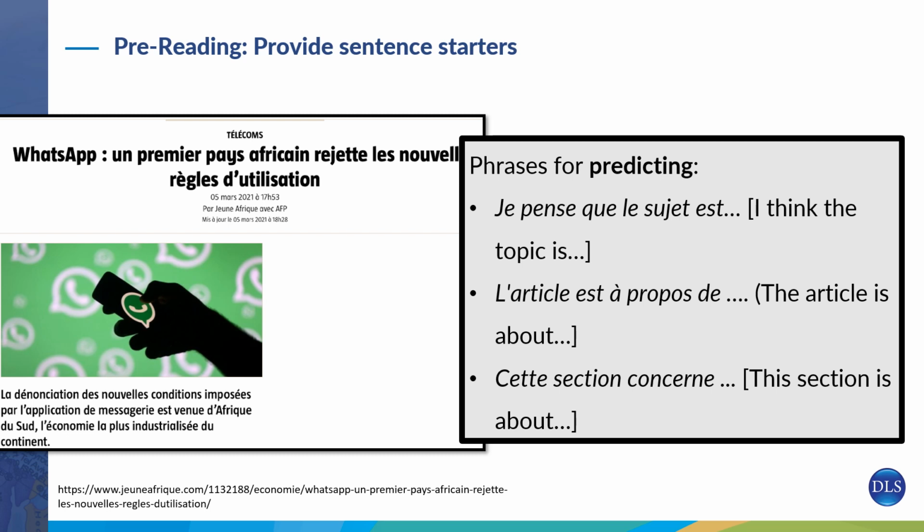And this is a great tool if you want your student to do the pre-reading in the target language. So sometimes giving them a set of questions in the target language and then some sentence starters can be a great way to provide support or scaffolding if you're working with a lower level student or a student who's not used to doing pre-reading in the target language.